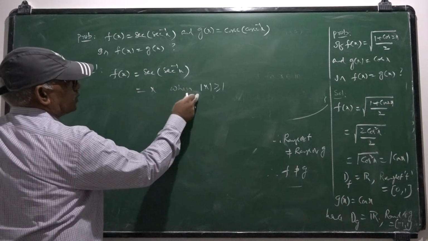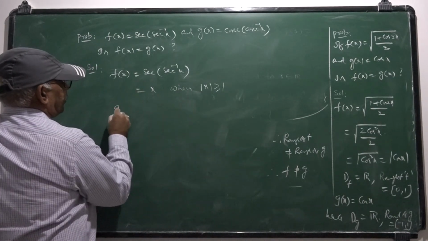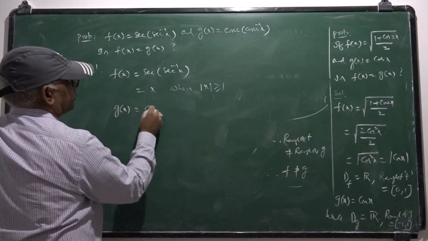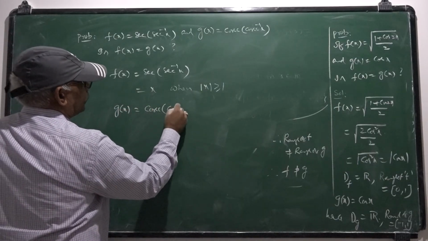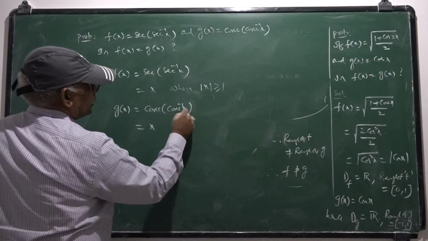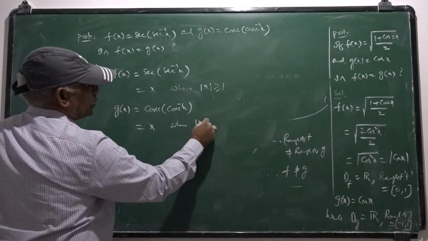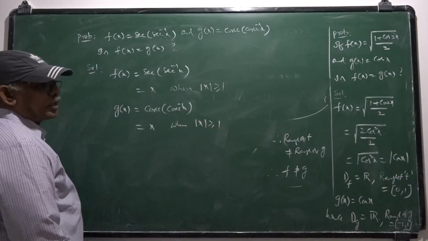Similarly, g(x): cosec of cosec inverse x is also x. This is defined where cosec inverse x is defined, that is also for mod x greater than or equal to 1.